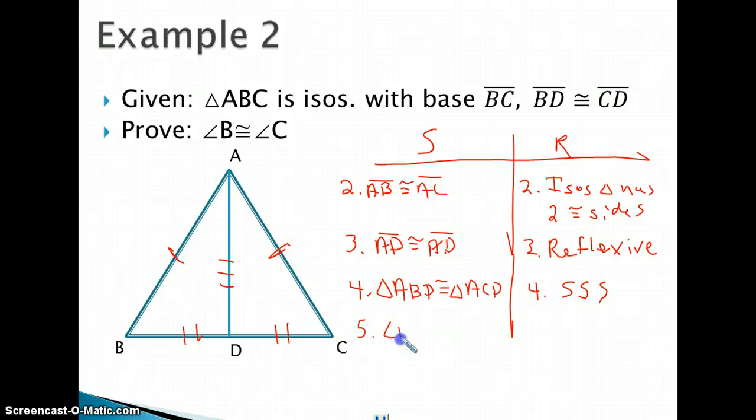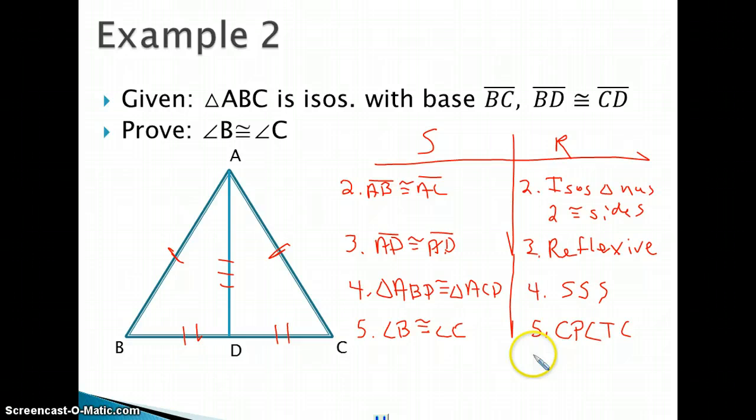And then the angles, angle B is congruent to angle C. Once I prove the triangle is congruent, if I had to keep going, my next reason is always going to be CPCTC. And that's exactly what I was trying to show, that angle B and angle C were congruent angles.